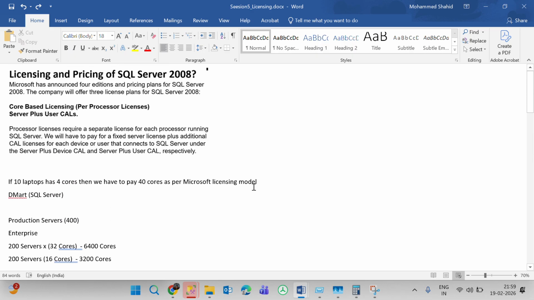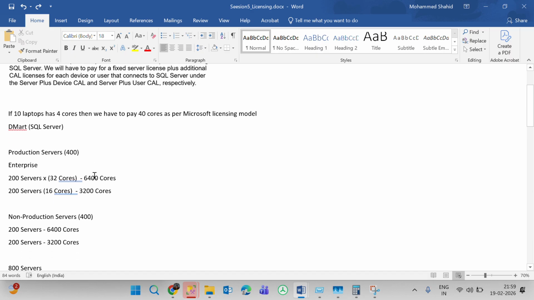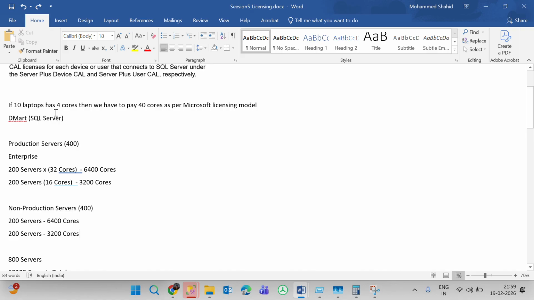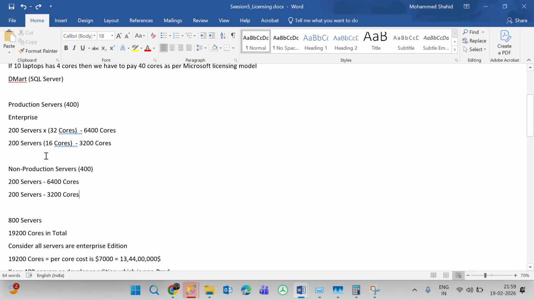For example, I have taken a DMart example. Consider we have 800 servers for the DMart environment. If all 800 servers are enterprise edition, it will cost this much.